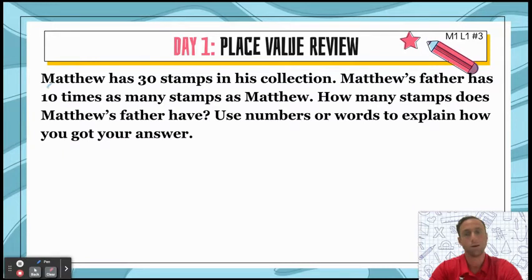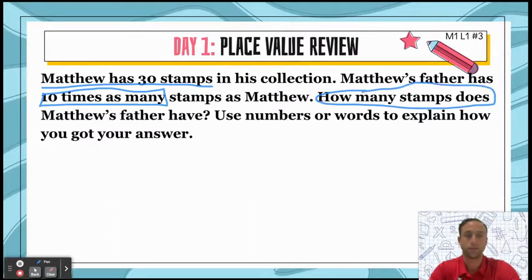So, I'm going to underline all my key numbers that I see, and I'm going to box any keywords that might help me decide what I have to do, and I'm going to circle the question so that I know specifically what I have to answer. Ooh, there's that key number we just spoke about when we reviewed our place value chart. 10 times as many.